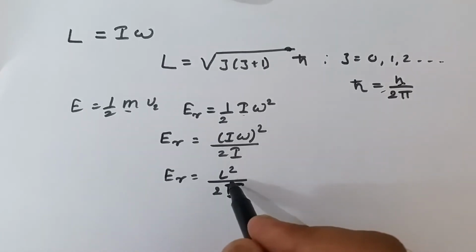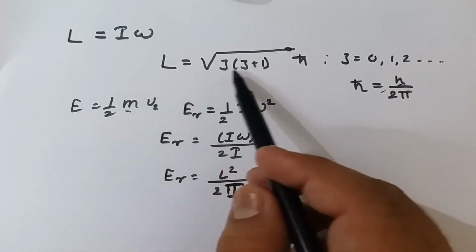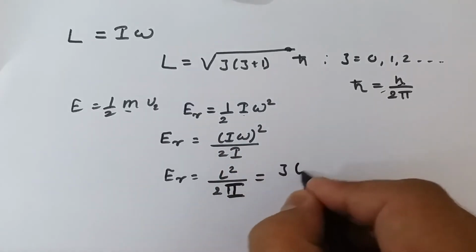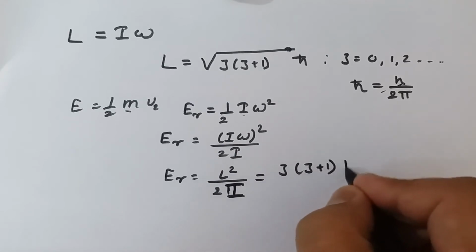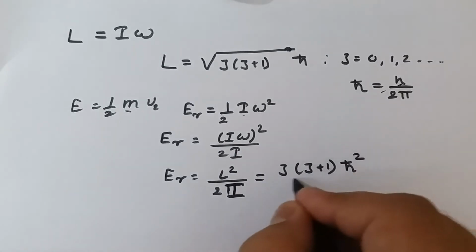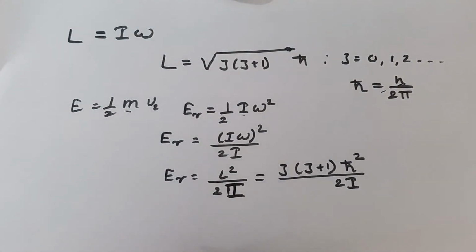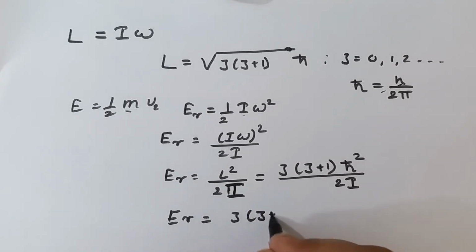Further, we know the value of L is root of J into J plus 1 times h cross, hence it becomes J into J plus 1 h cross square upon 2I. This is the value of energy, and if we simplify further, ER is equal to J into J plus 1 h square upon 8 pi square I.